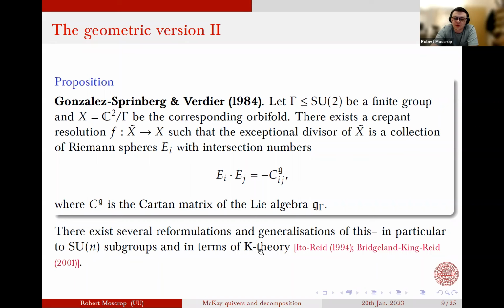Maybe more evocative is this reformulation by Bridgeland, King, and Reid. And in this sense, they totally reformulate it in terms of coherent sheaves and K-theory. And given the relation between coherent sheaves, K-theory, and D-branes, this is quite a hint of what could be done with the McKay correspondence.